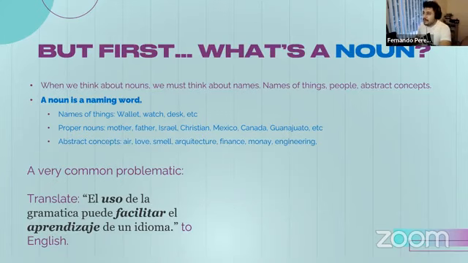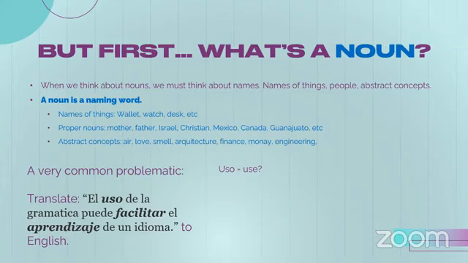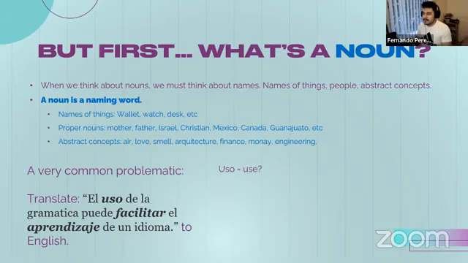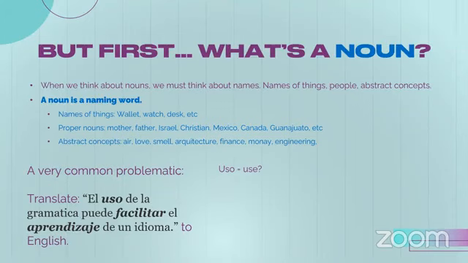If we think in basic English, we are going to have something like, okay, uso in English similar to usar. So uso is probably use. Yes, and I was thinking that. You were thinking in use, right? When it's actually, that's incorrect.